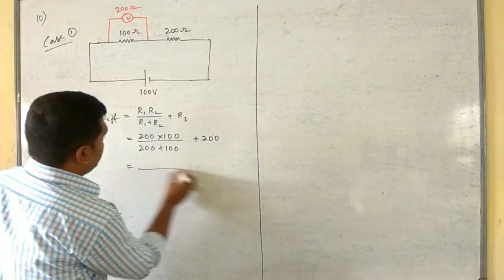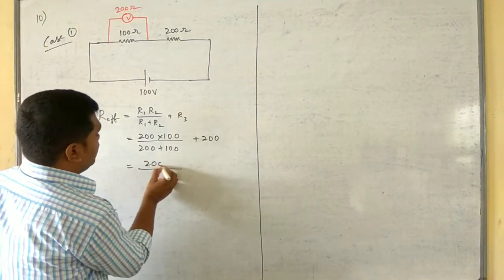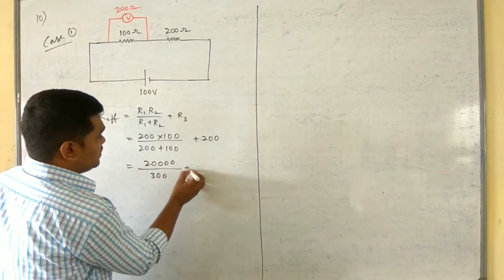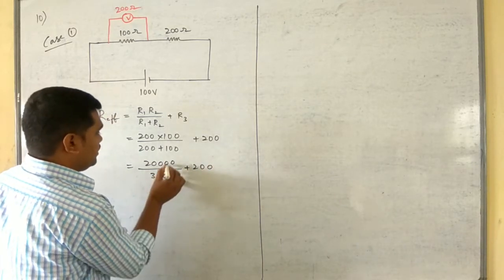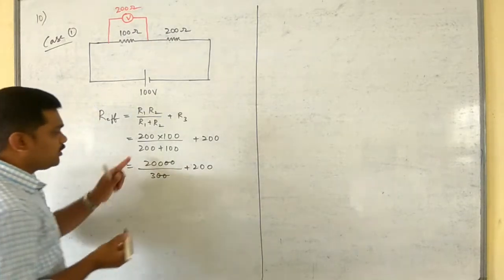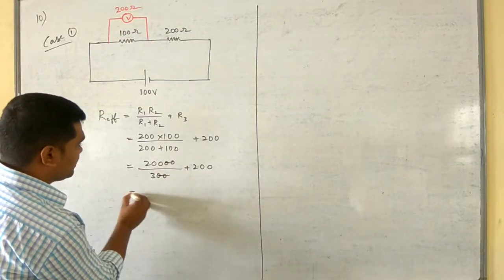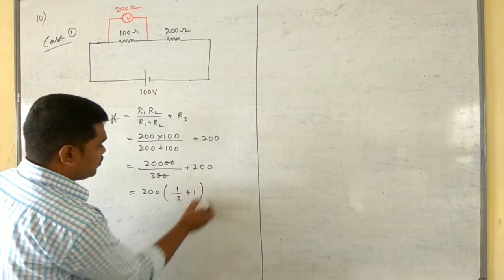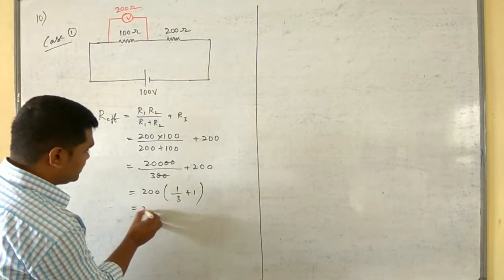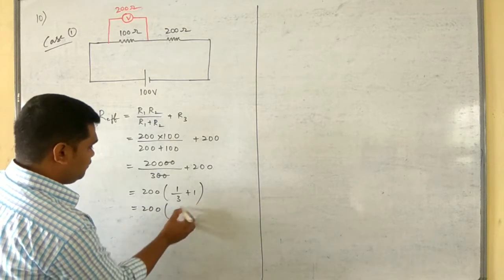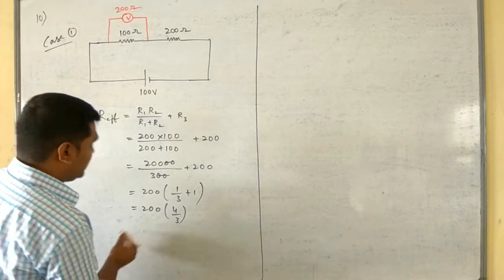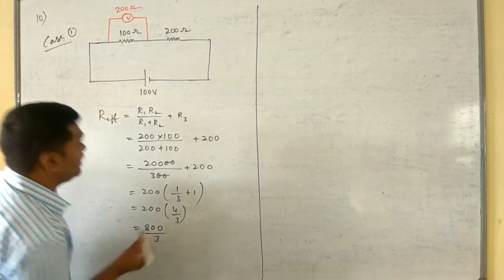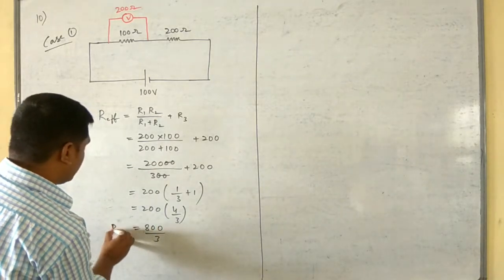This is 2 followed by 4 zeros over 300, plus 200. 2 zeros cancel: 200 divided by 3. If you take 200 outside, it becomes 200 into (1 by 3 plus 1), so 200 into 4 by 3. This is 800 divided by 3. This is R effective.